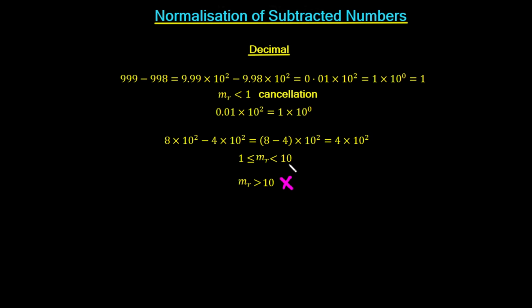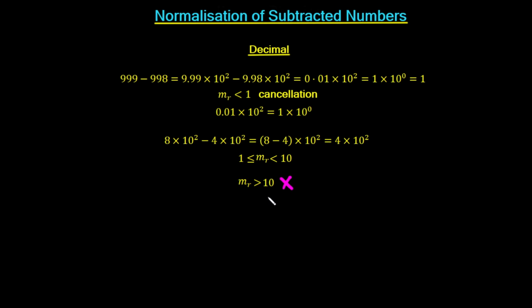So if we take two numbers within this range here, 1 to 10, and we subtract them off, then we're still always going to be left with a number which is within this range. We're never going to get a number that's going to be greater than 10. So this can never occur.